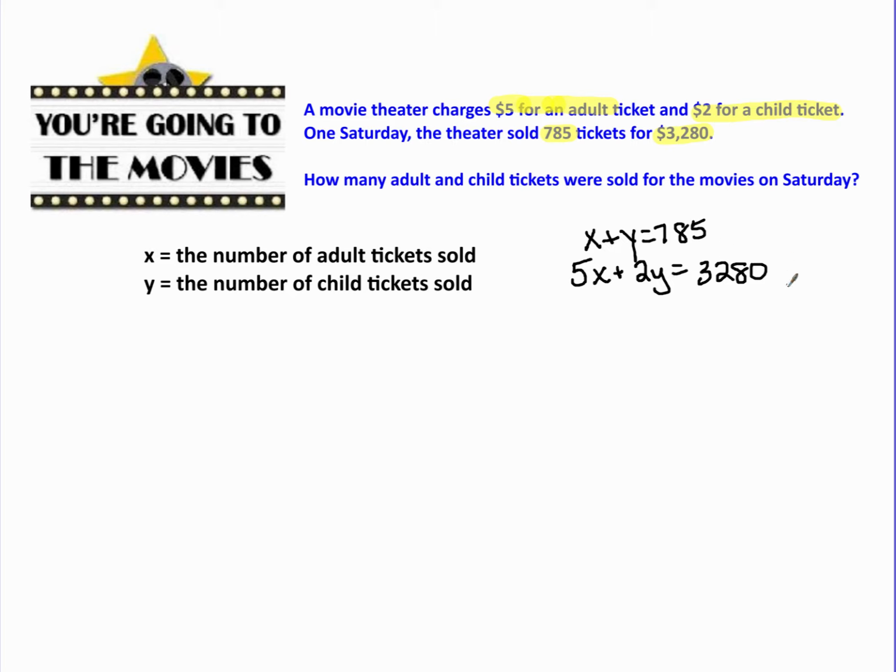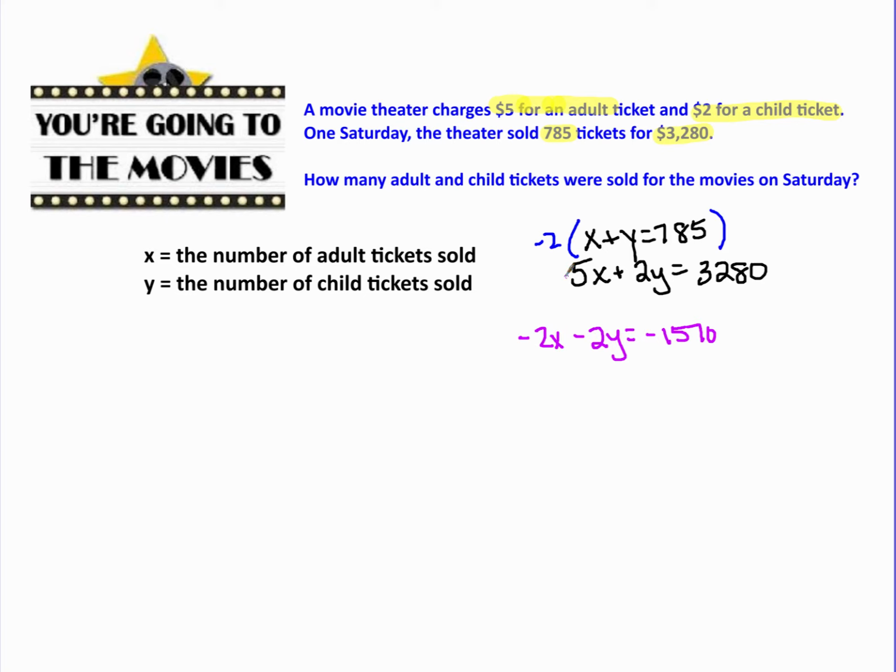As I look at my two equations, I can easily multiply through this top equation by -2. I end up with -2x minus 2y equals -1,570.